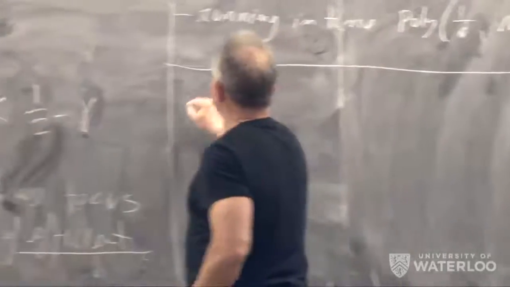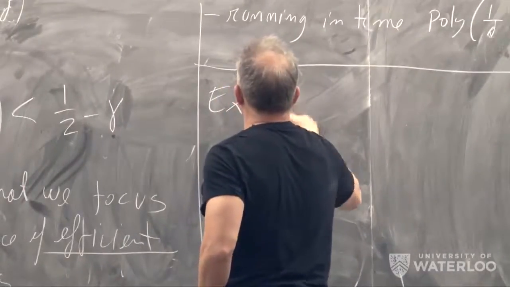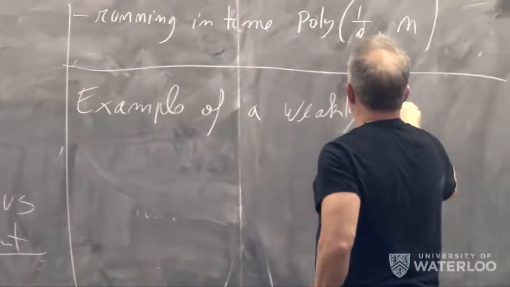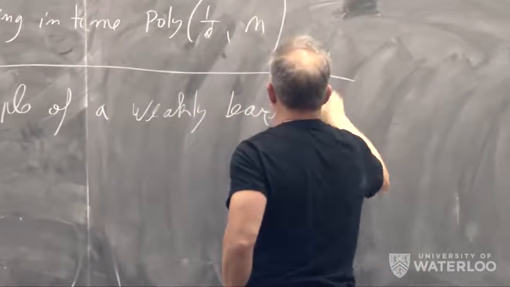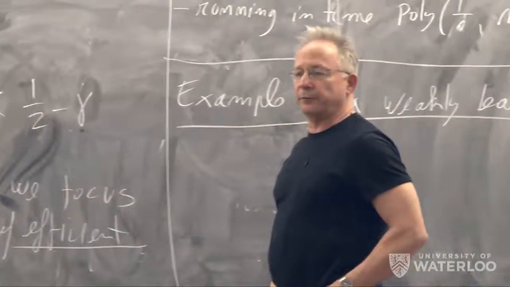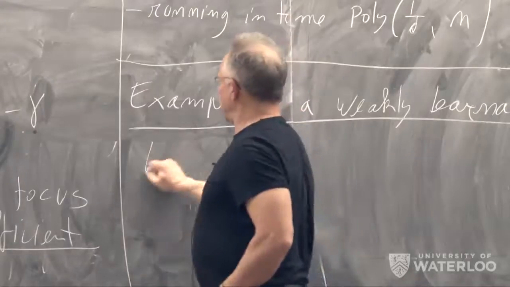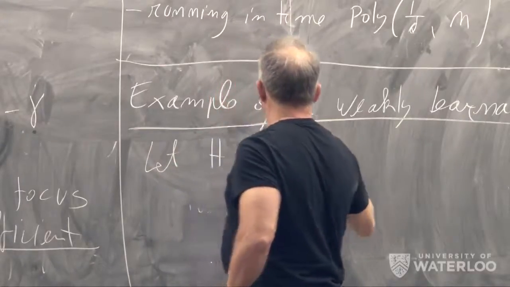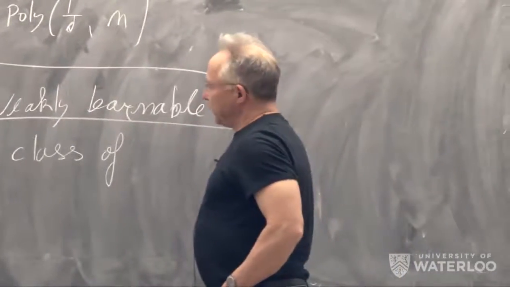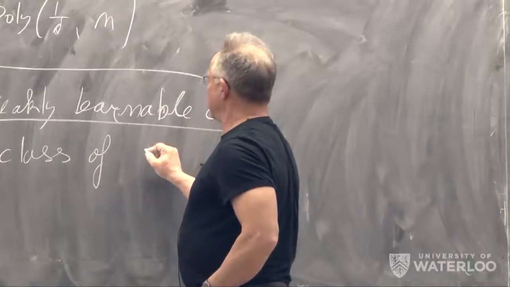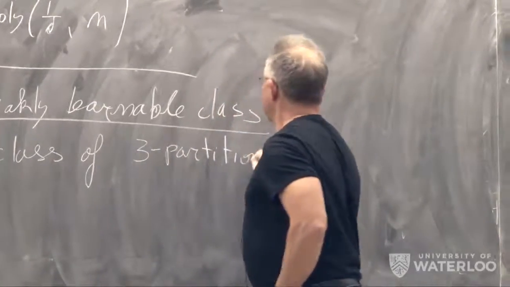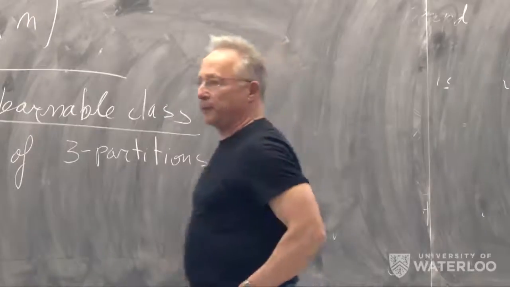So an example of a weakly learnable class: let H be the class of three partitions of R. So what do I mean by this?